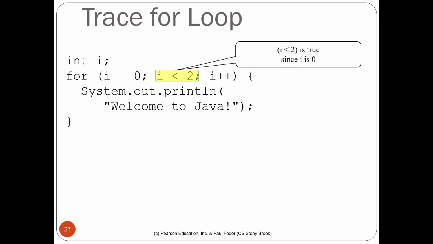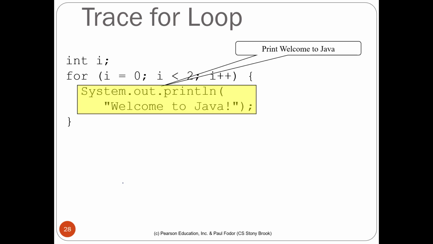You check whether i is less than 2 or not. So 0 is less than 2. The result is true, which means we have permission to go into the for loop. You go inside and you print, the very first time, welcome to Java.